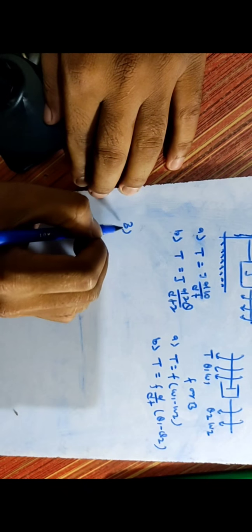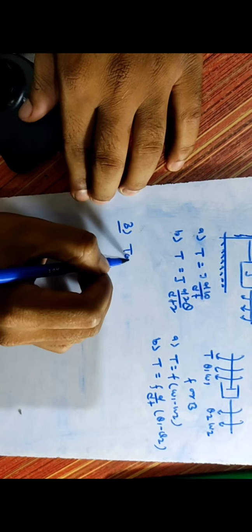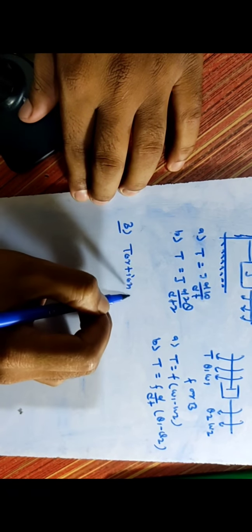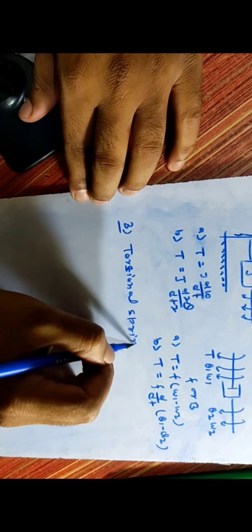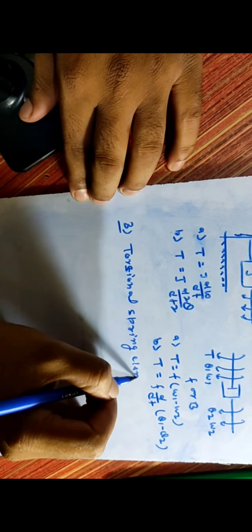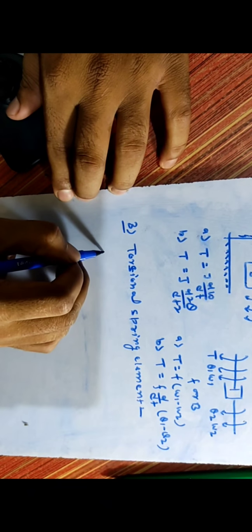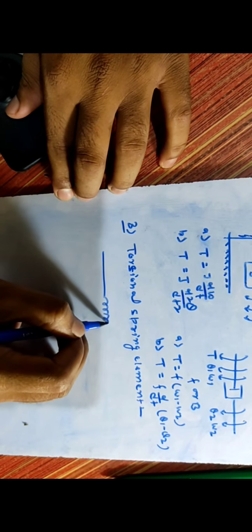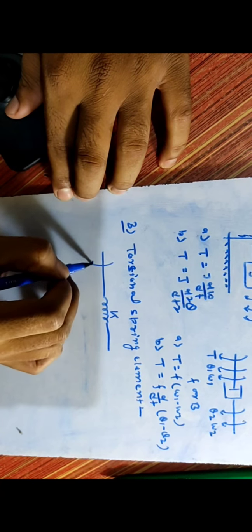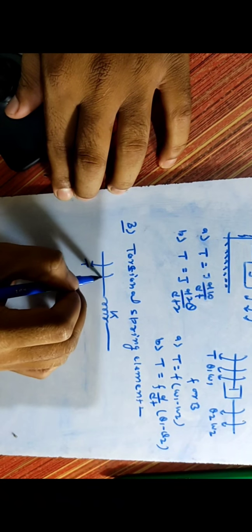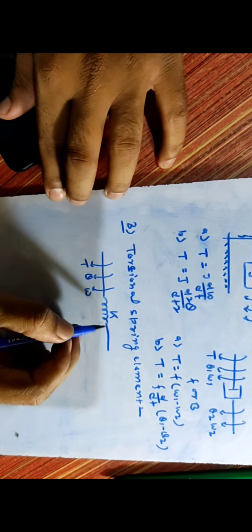And third ideal element, a spring element. Torsional spring elements look like this. K is the spring constant, torque, theta, angular velocity.